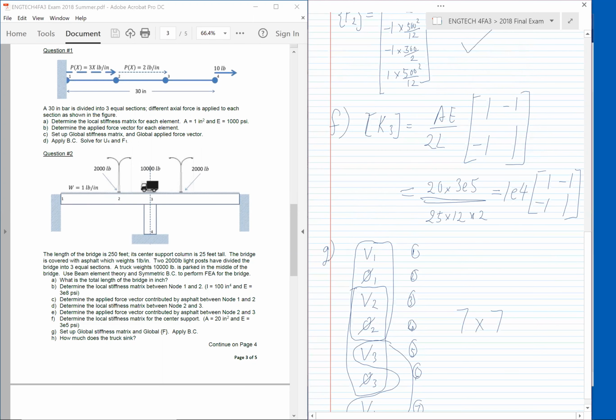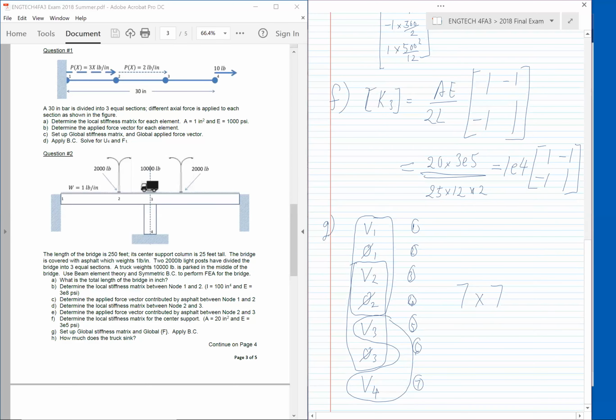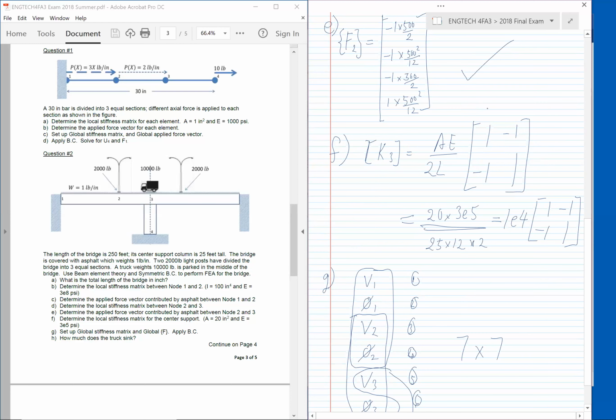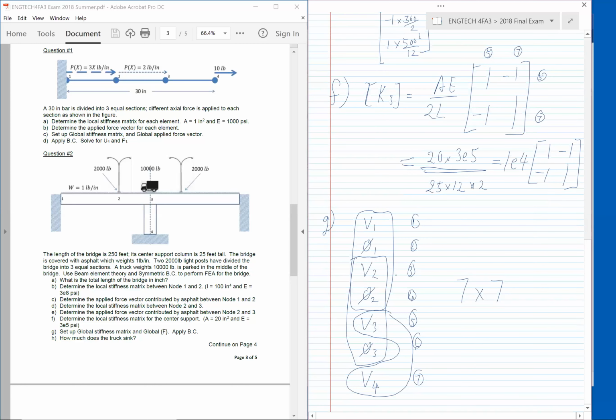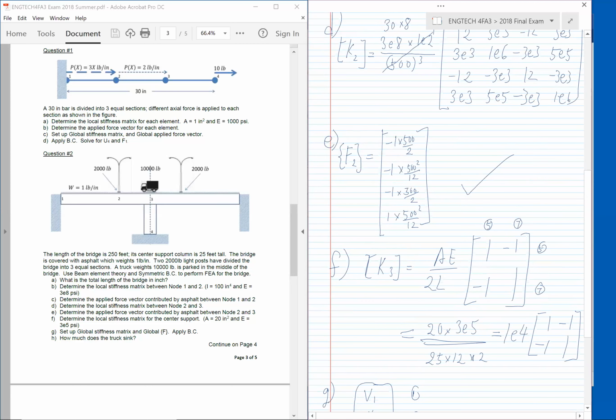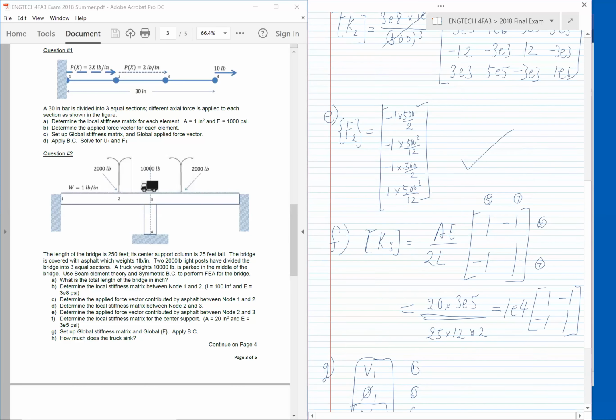Now let's move back. The location for element 3 will be 5 and 7. The location for the second element will be 3, 4, 5, 6. Those little circle numbers are very helpful.